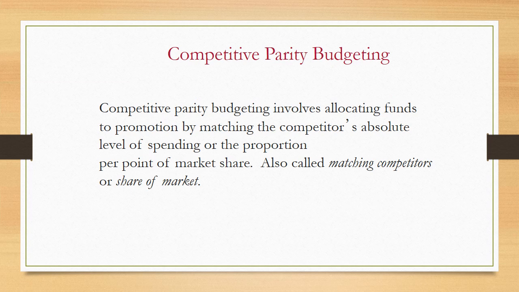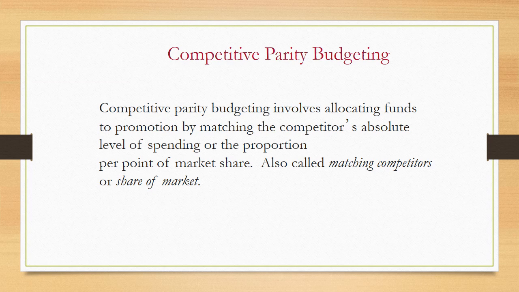A second approach is called a comparative parity budgeting approach, okay? And this is an approach where I find out how much my competitors are spending on advertising and spend the same amount. It's also called matching competitors or share of market strategies. Now, the problem with this particular approach is that it works fine if myself and my competitors are all in exactly the same position, and all of our customers are in the same position.